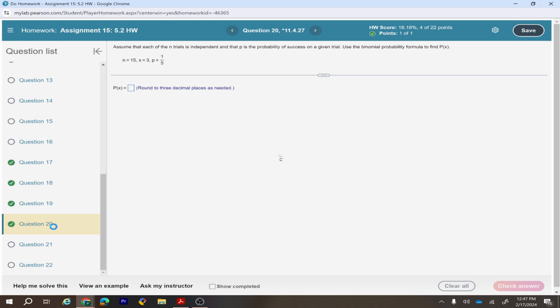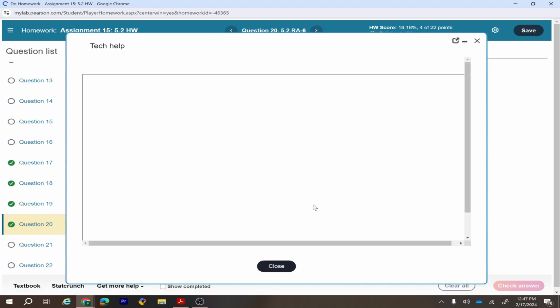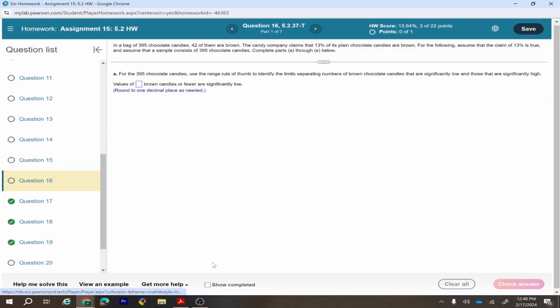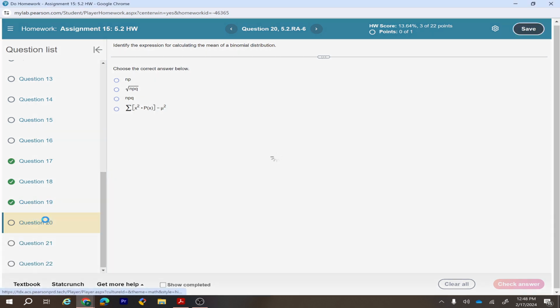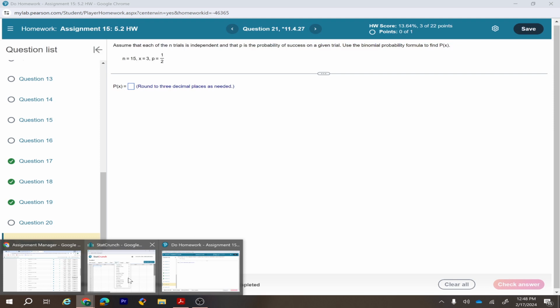When you click one of the problems, Get more help, Tech help, you should be able to see one of the options as StatCrunch, and you can just click that, and it will give you the StatCrunch page. No, the problem was question number 21. Okay, go back to question number 21.